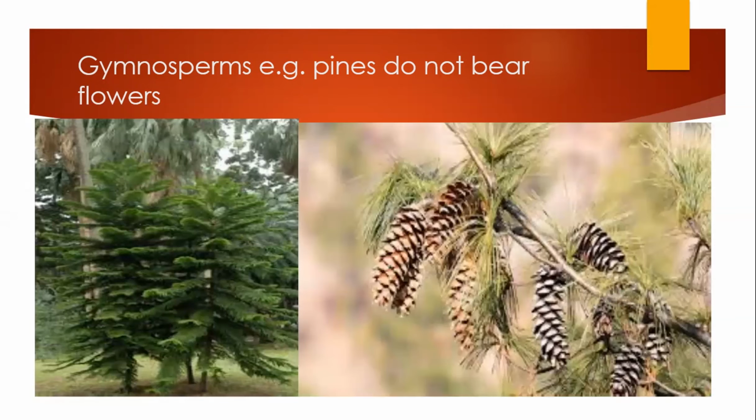Those are the structures in which its seeds are contained, and we call them cones. Some people refer to these plants as conifers because they bear cones. So their seeds are not contained in flowers, but in cones.